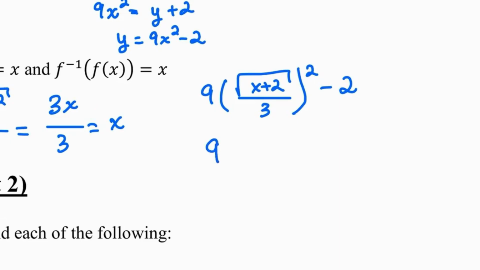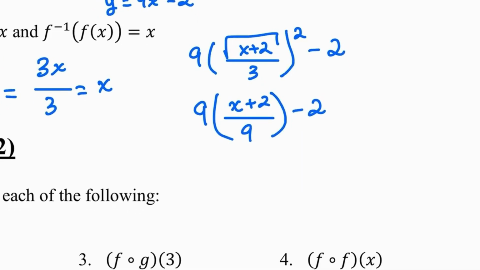You square the square root, so you're left with x plus 2. Then we also square the 3 and get 9, and just add that minus 2. So 9 times this fraction, the 9s cancel, so we're left with x plus 2 minus 2. And then simplify it even further and get x. So these are inverses of each other, because if I plug one into the other, I get x.